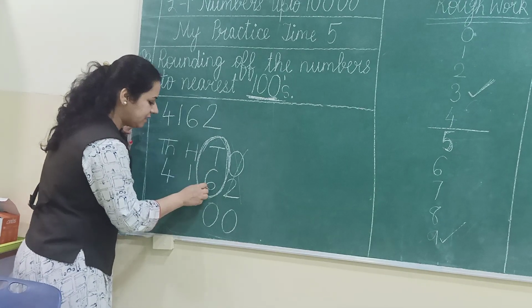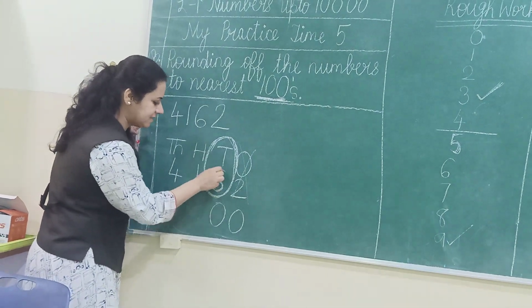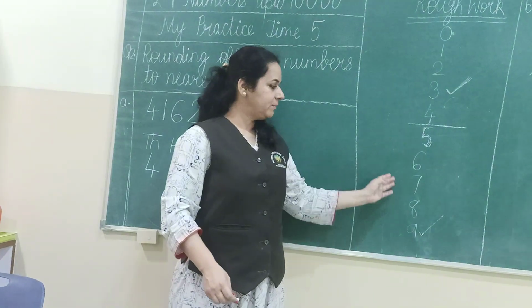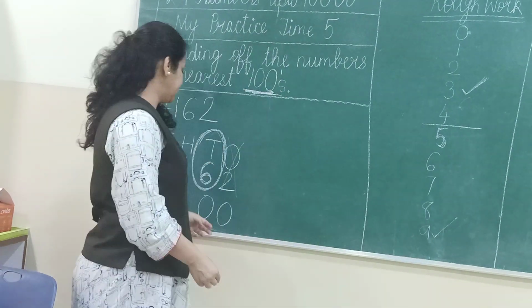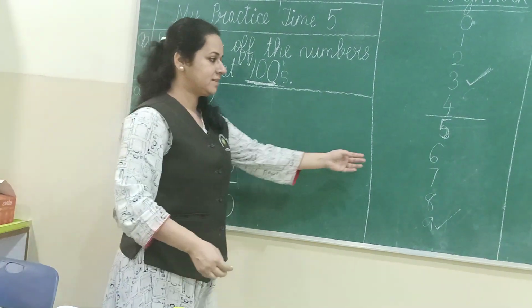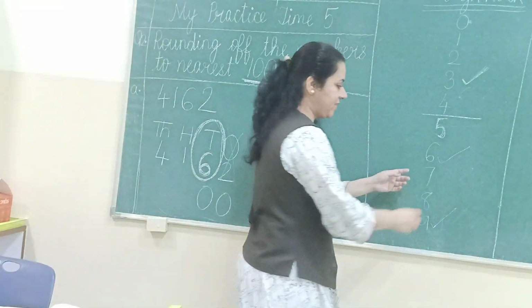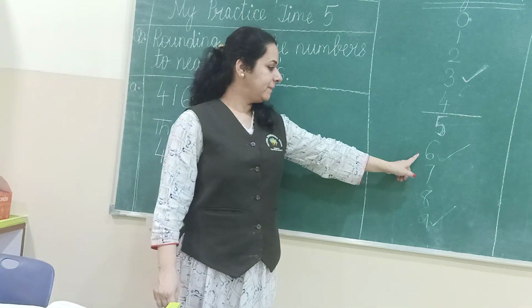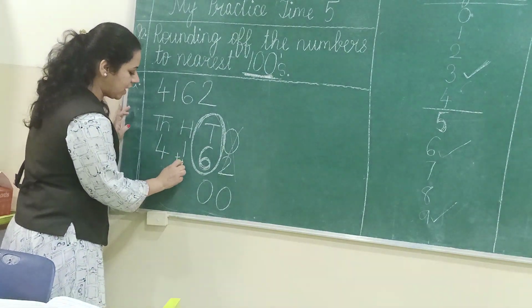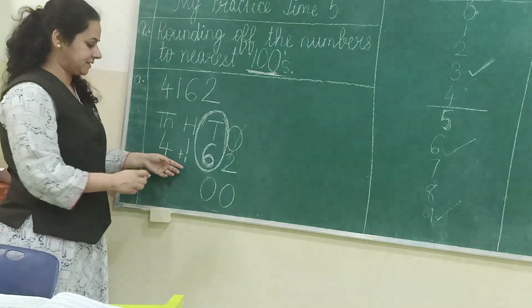Now we see whether the number on the tens place is smaller than 5 or bigger than 5. The number on the tens place is 6, which is bigger than 5. So what will we do? We will add 1 in the hundreds place.